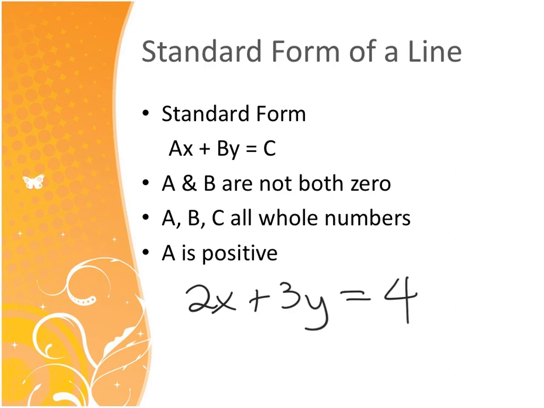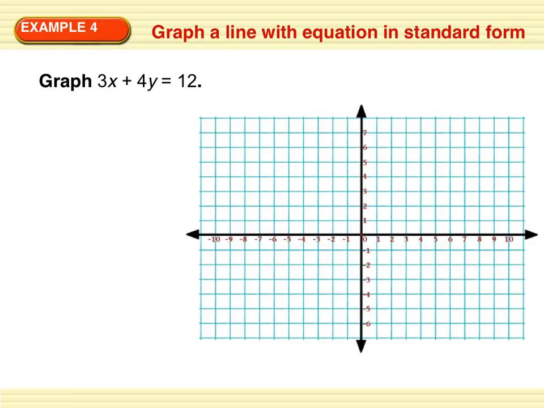And we're going to see it on the next slide where they're going to ask us to graph it. And I'm going to show you 2 different techniques for graphing. So to graph this, I can do 2 different things. The first way is what we did at the very beginning. I'm going to rearrange this into slope-intercept form. I'm going to solve for y.